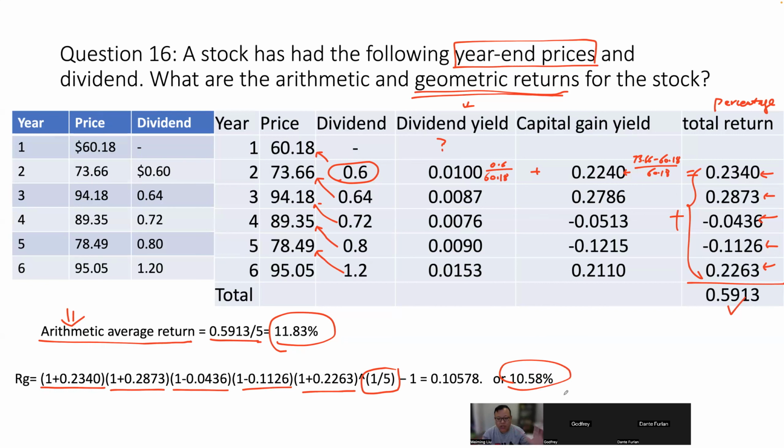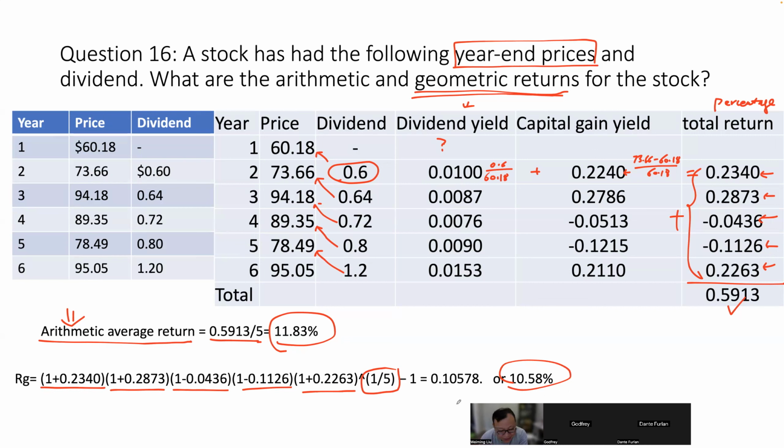Does this make sense, in terms of how to do the calculation for the different average returns? One is called the arithmetic average return. The other one is called the geometric return. Does this make sense? Yeah? Okay, good. Now, did you notice something?